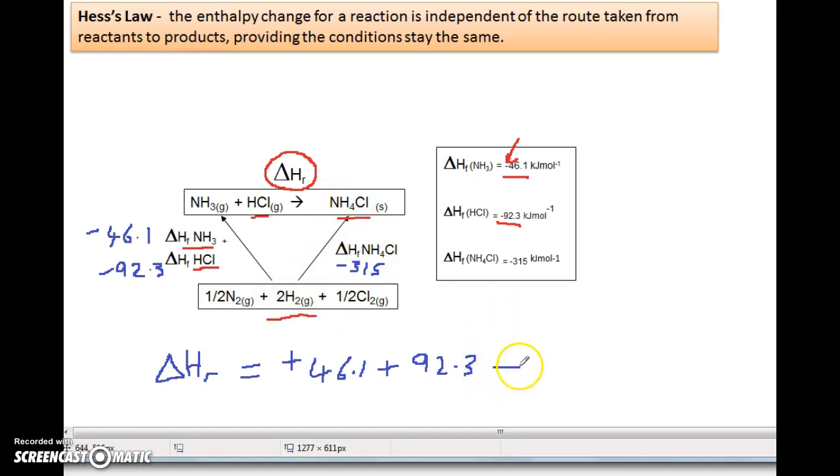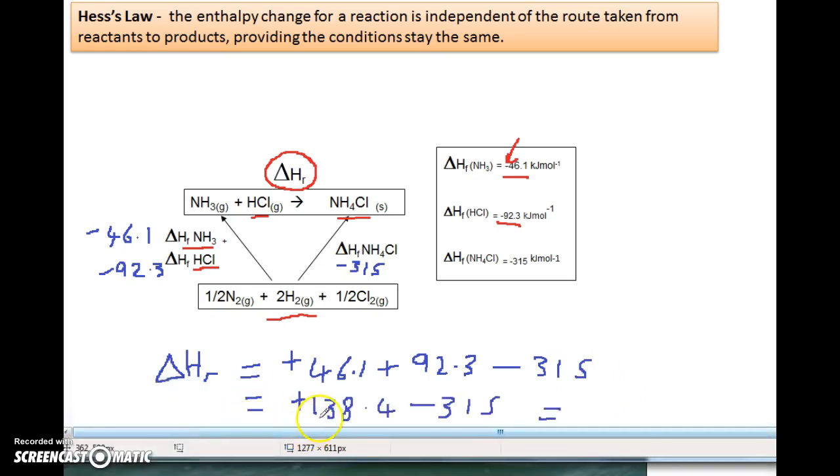So that's going to be minus 315 kilojoules per mole. Okay, I'm working out the left hand side there, that's plus 138.4 kilojoules per mole, and minus 315 comes to minus 177 kilojoules per mole, with a bit of rounding.